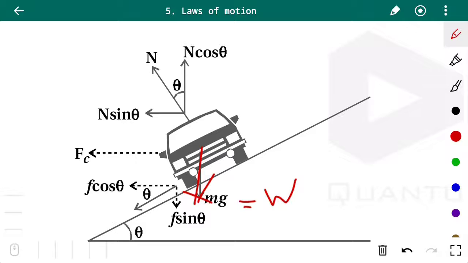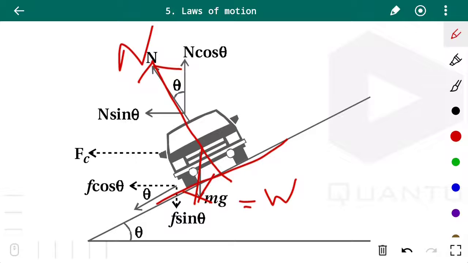and normal to the surface will be acting the normal force or the reaction. Here there is the surface, so perpendicular to that will be the normal force, or we can say the normal reaction. That is another type of force that is acting.